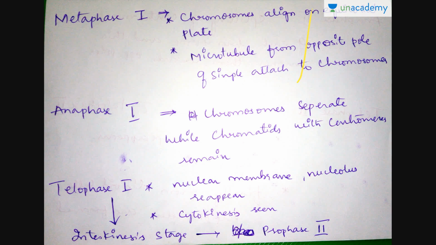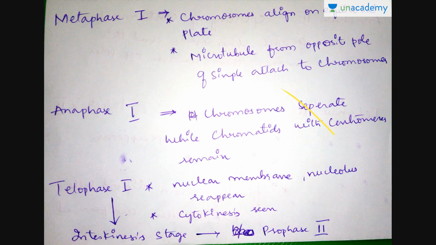The spindle fibers attach to the centromeres and start pulling the chromosomes towards their poles. In anaphase, what happens? The chromosomes separate, while the chromatids and centromeres remain. In telophase, the nuclear membrane and nucleolus reappear, which had disappeared in the diakinesis stage.